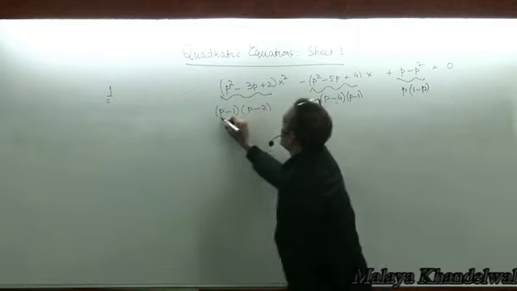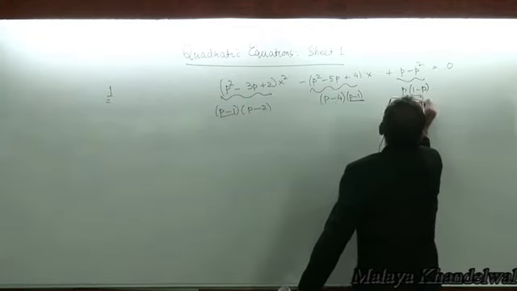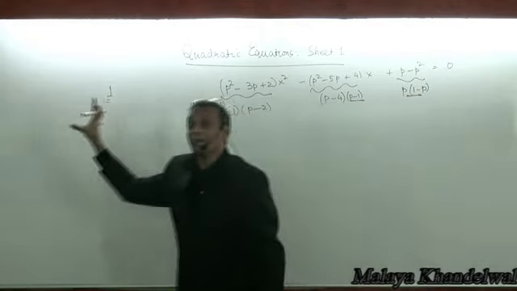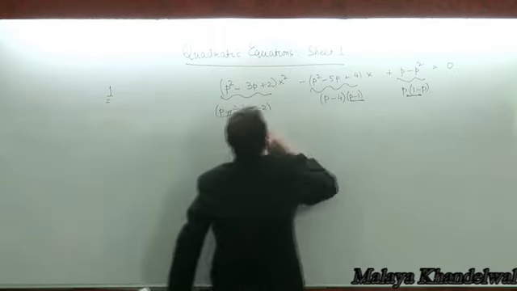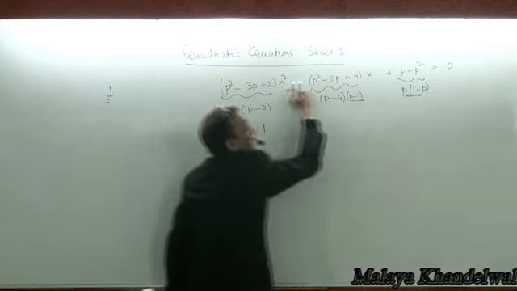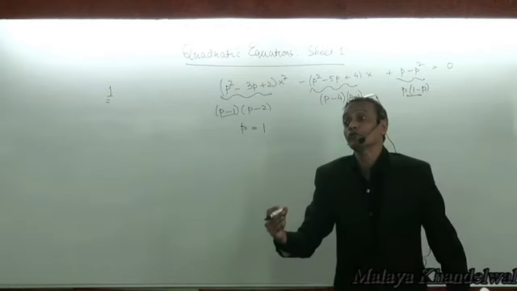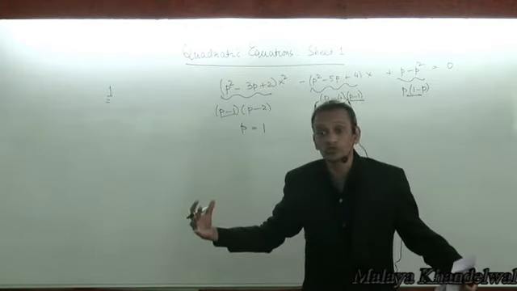Very clearly, p equal to 1 will cause all the three coefficients to become 0. That means if p is 1, this expression would be identically equal to 0 and will have an infinite number of roots. Yes or no? So p equal to 1 is the required value. Right?